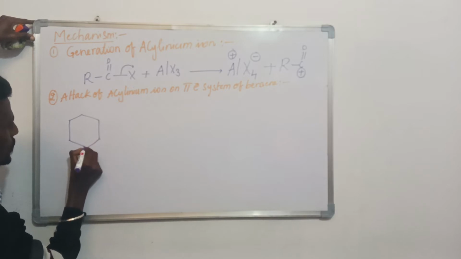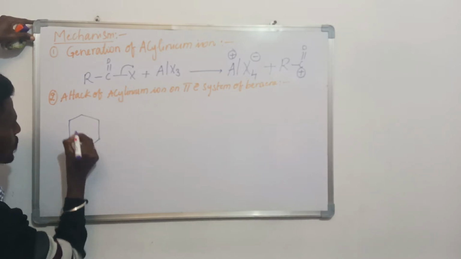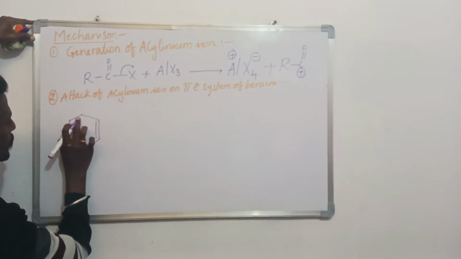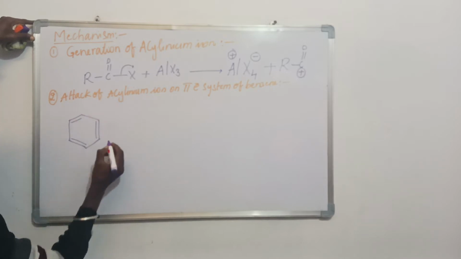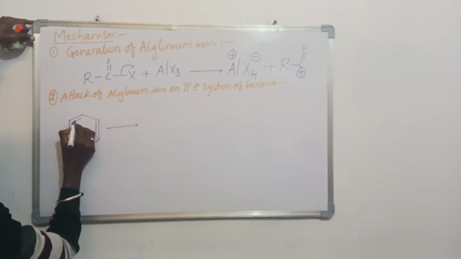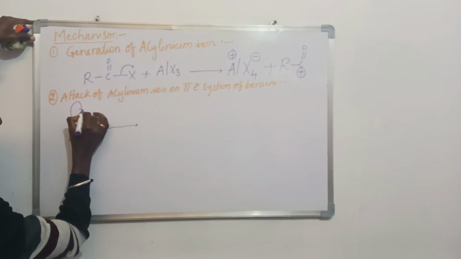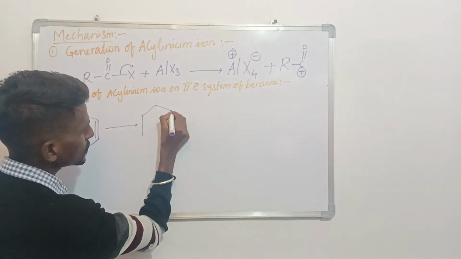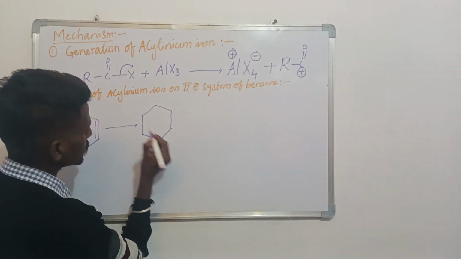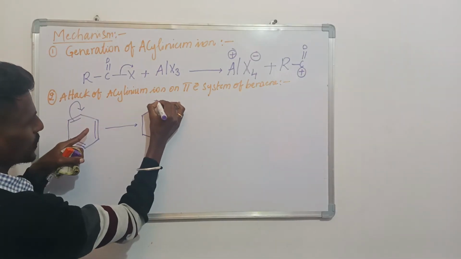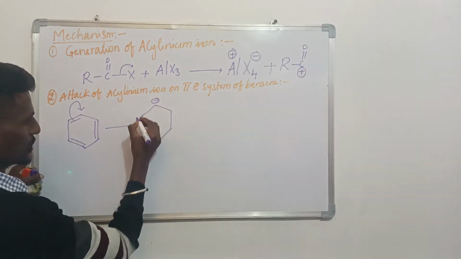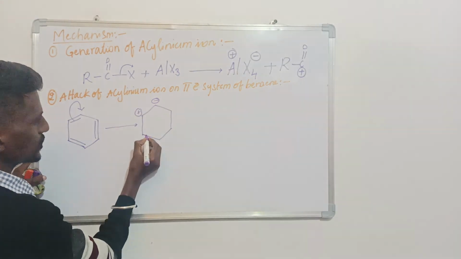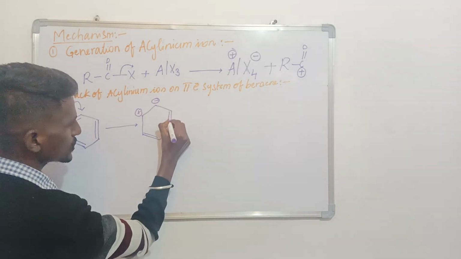In benzene, this bond is shifted towards this carbon atom and it gets this structure. When the electrons are shifted, here gets a negative charge, here gets a positive charge. The double bond system will be the same.